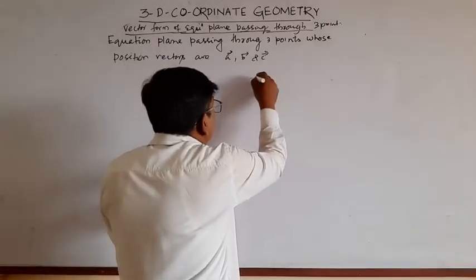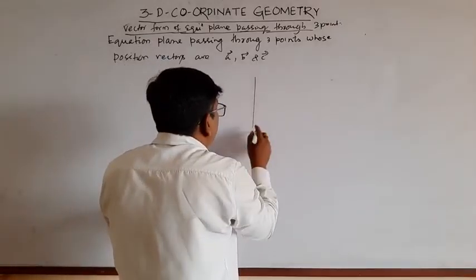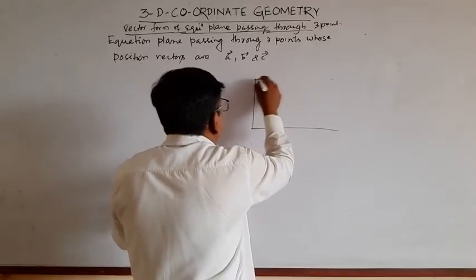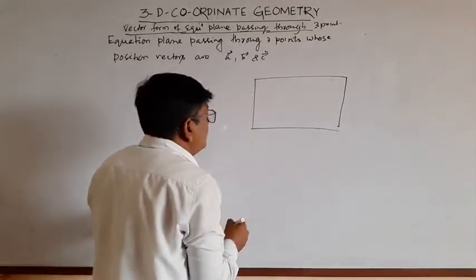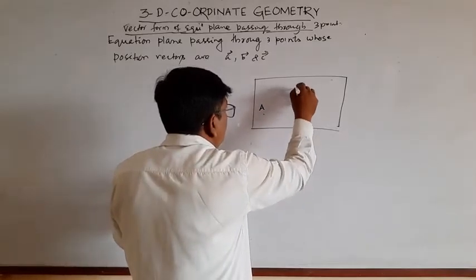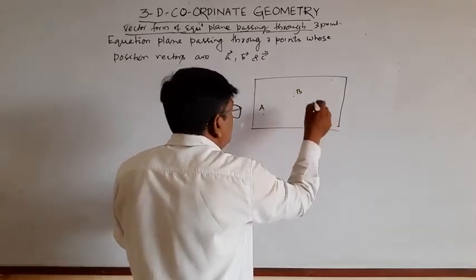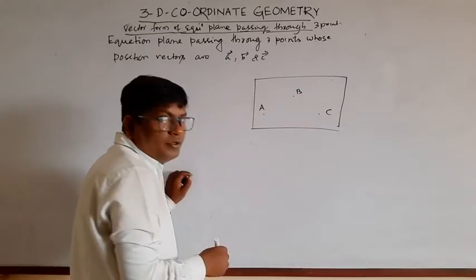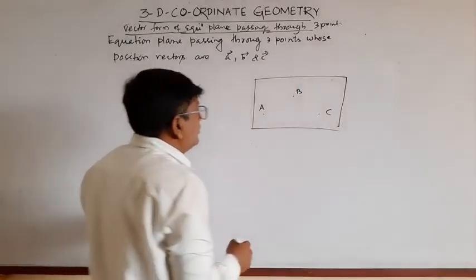Suppose this is the plane, and the point A here, and the point B here, and the point C here. Okay, so this is what?